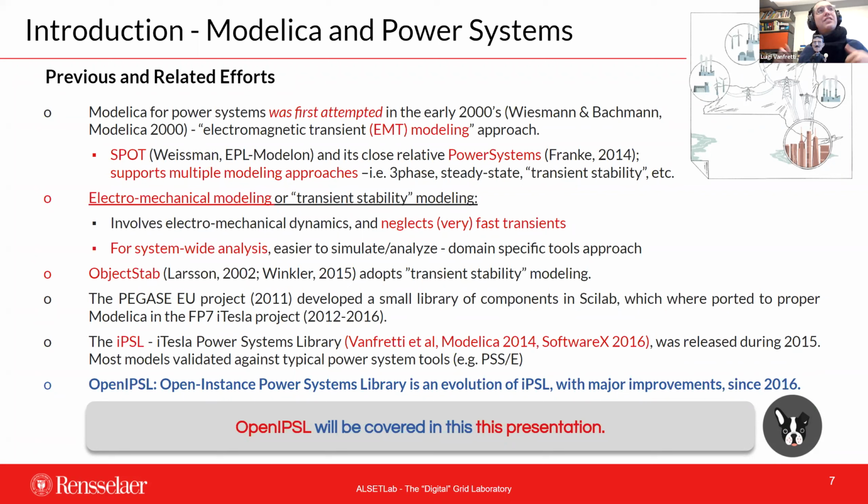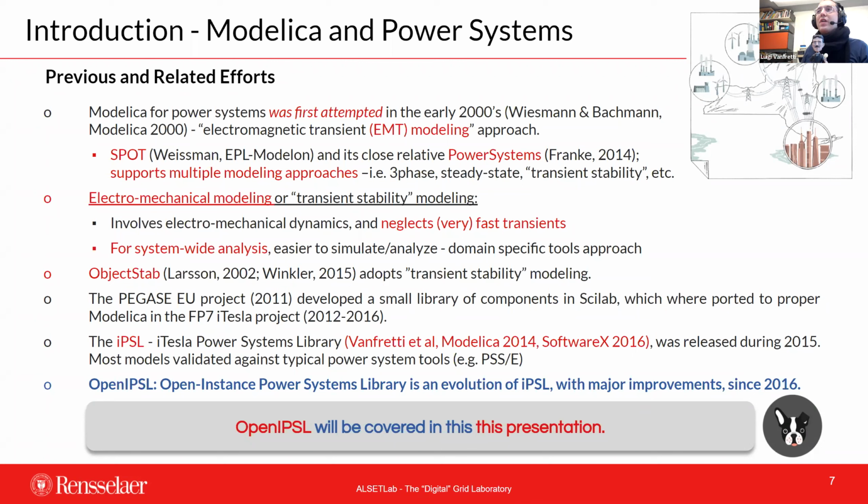This neglects fast dynamics, although I can show you how we can combine them with electromagnetic transients in the same environment. But normally this is the highest level of detail, okay?